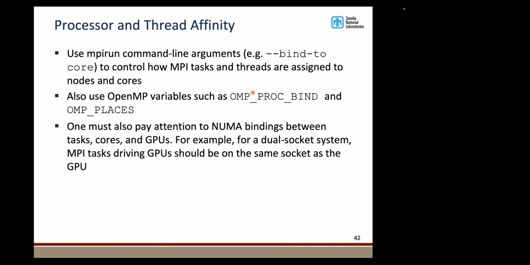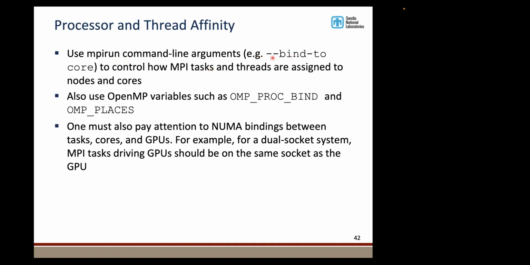Okay, so that's a summary of the 5 accelerator packages in LAMMPS. There's a few other considerations that you need to keep in mind to get good performance when using multiple MPI ranks and multiple threads or GPUs. The first is your processor affinity. So you need to control how MPI tasks are assigned to nodes and cores.